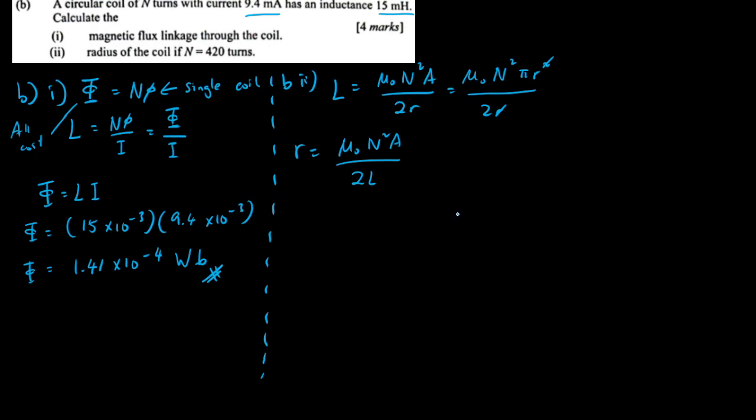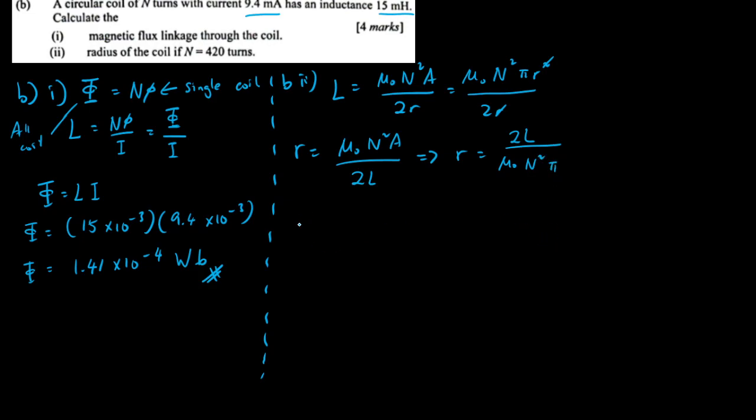Okay, so now we have a very different equation. Okay, if I rearrange this equation, what I'll have is R equals 2L over mu naught N squared pi.